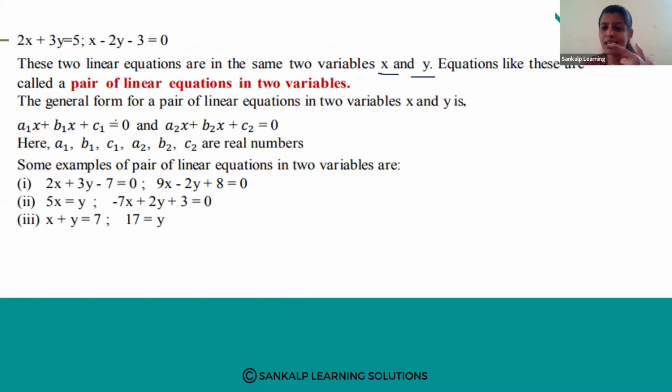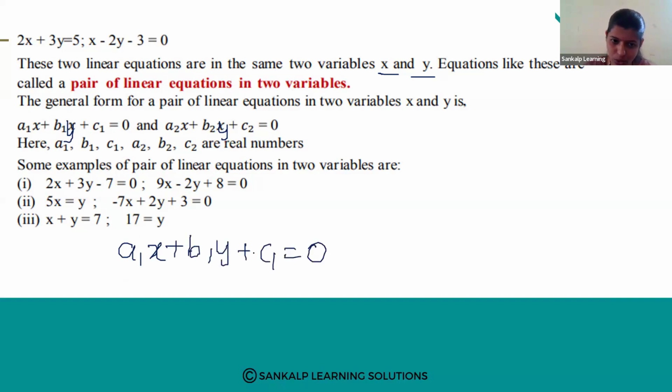Next comes the general form of linear equation. Yes, this is a1x plus b1y plus c1, this is a2x plus b2y plus c2. So the general form of a pair of linear equations in two variables is a1x plus b1y plus c1 equal to 0. That means we are using two variables. So in the first equation, we represent the coefficients by a1, b1 and c1, right?